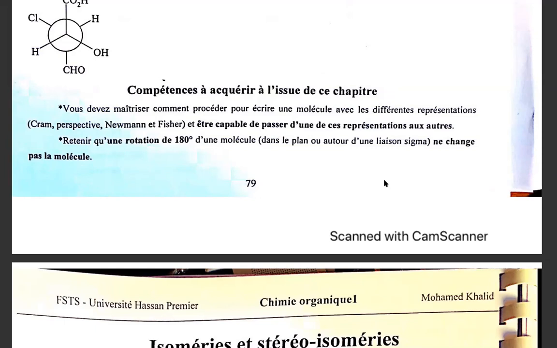For 1 molecule, there are 2 avant en arrière. So each molecule has at least 6 representations. That's a TD. But as we go on, I'll still give exercises so that you practice on a representation de Cram, Newman, and Fischer.